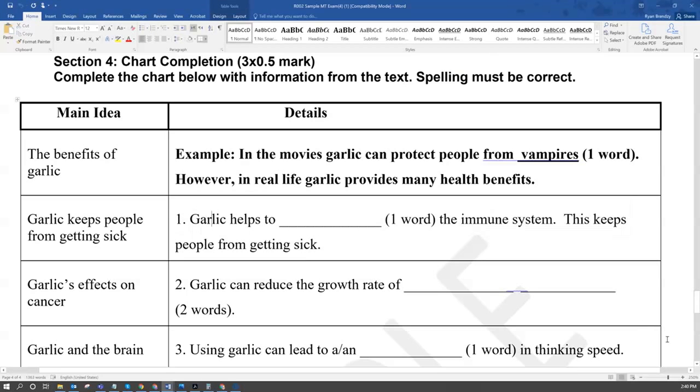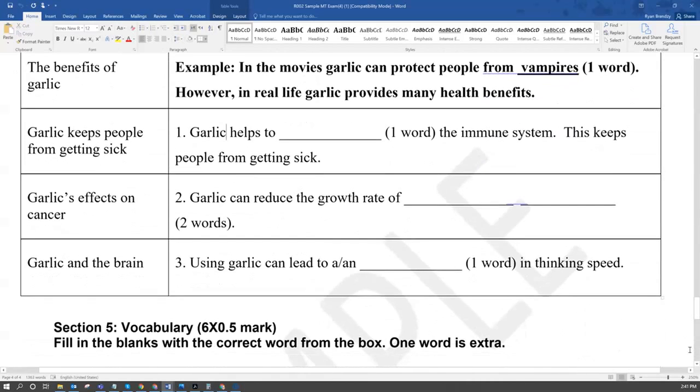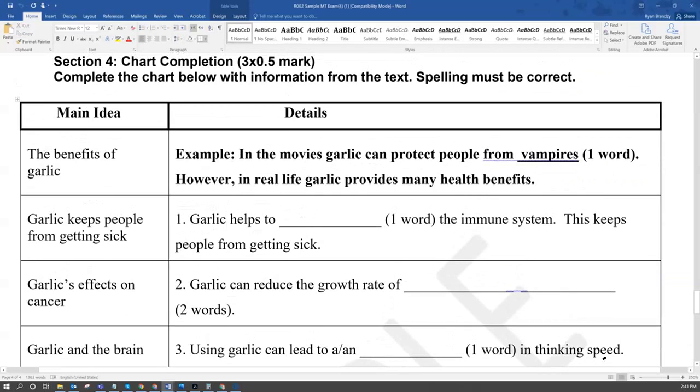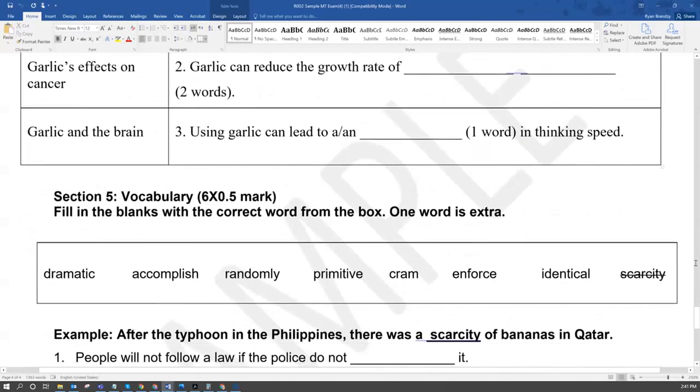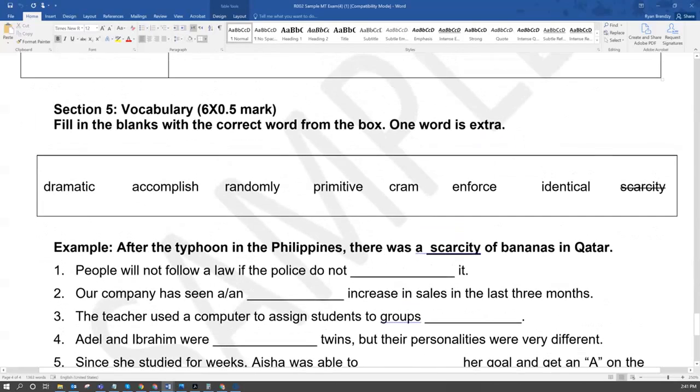These sentences are usually a paraphrase, meaning they're not written exactly how they are in the text, so you're trying to find a word in the text that has the same meaning as this sentence. Be careful with the headings. Here we have main idea, and this is the details. And then last but not least, we have the vocabulary questions about your Quizlet and assigned vocabulary.